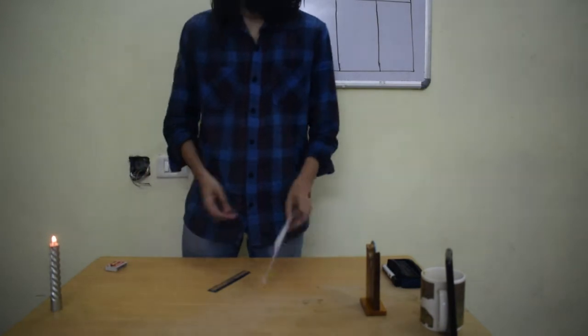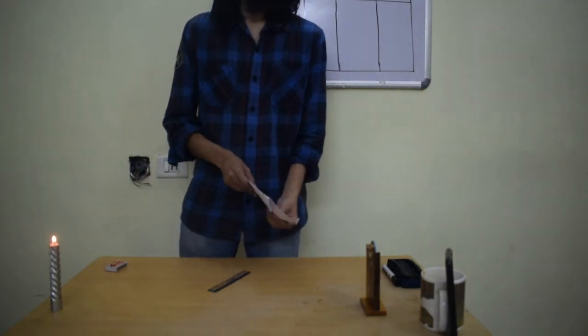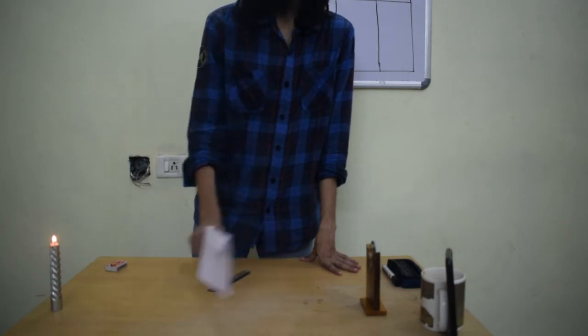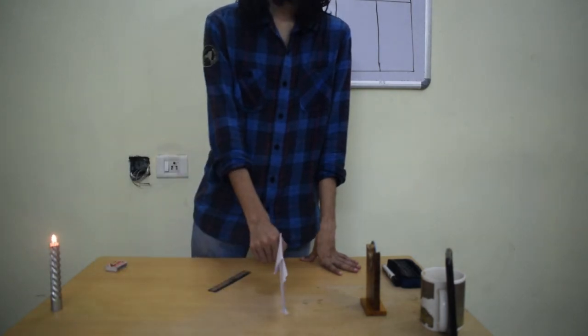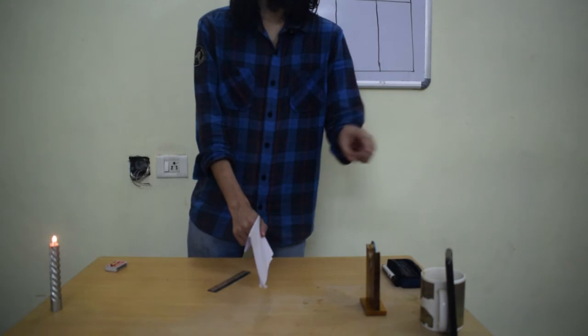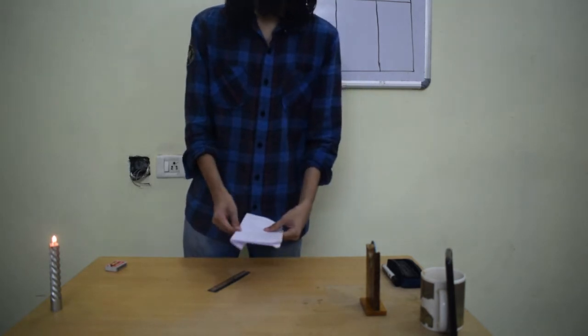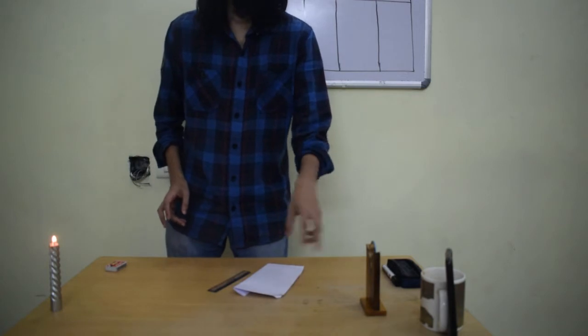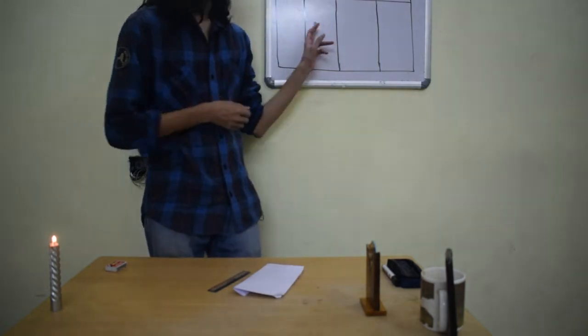Second thing, I'm going to use this paper as a screen. When I use this as a screen in between the mirror and the candle, it's going to create a small image over here which you'll be able to see clearly. And I'm going to then measure the distance between the mirror and the paper and write it down here.